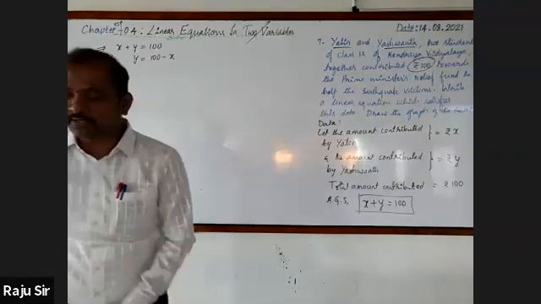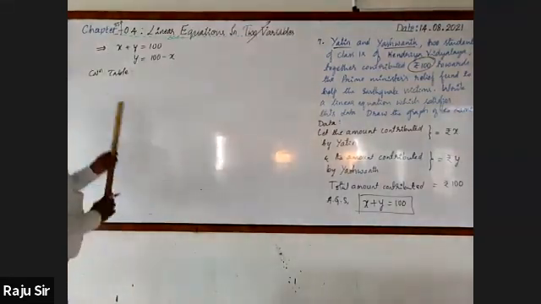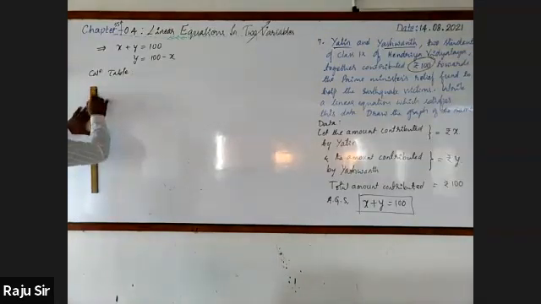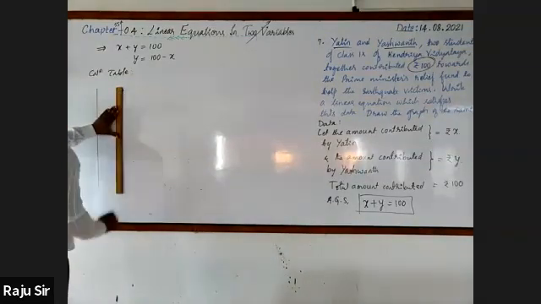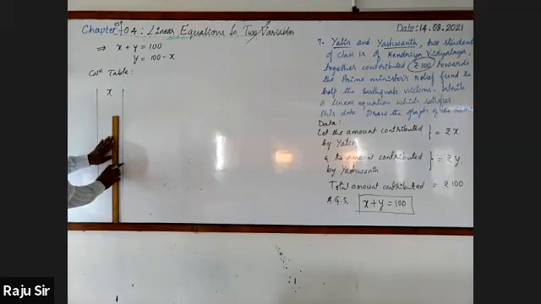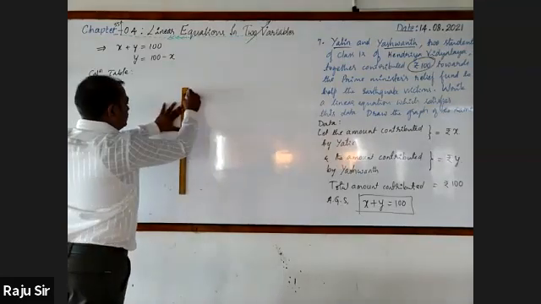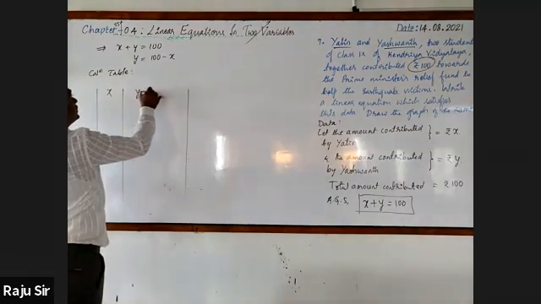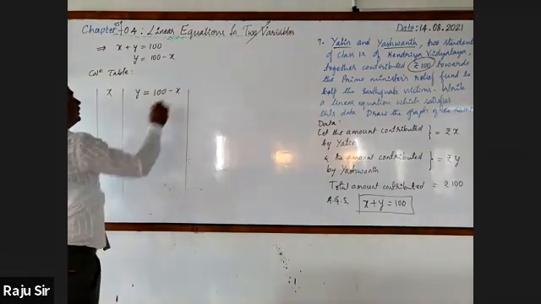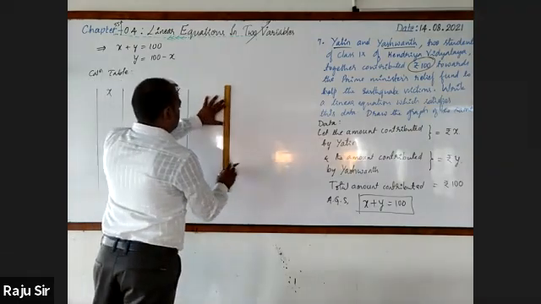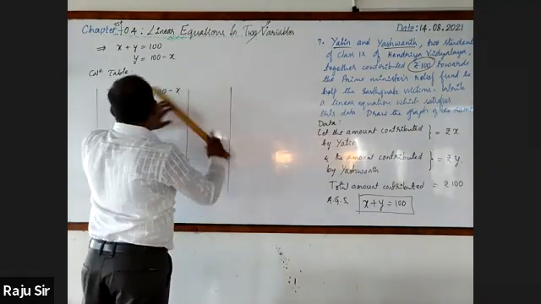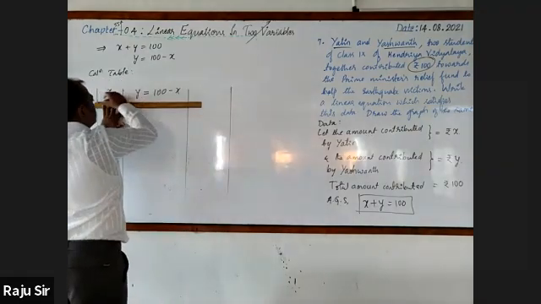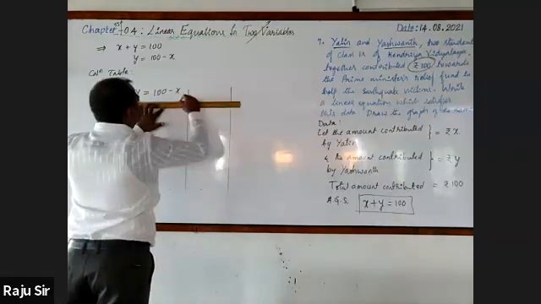Make 3 columns in that. First column is amount contributed by Yatin. Next is amount contributed by Yashwant. Then the third column, the total amount.